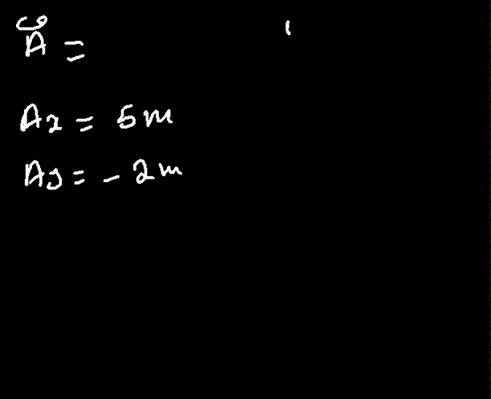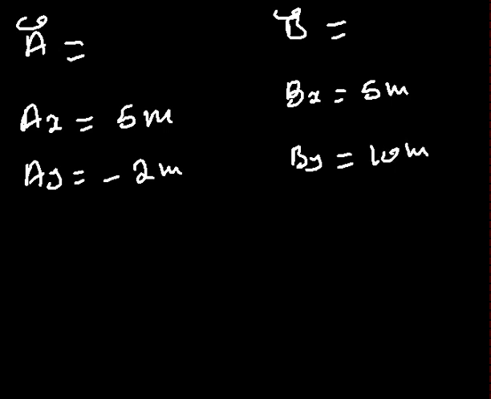And assuming that we have the vector B with components given as Bx, which is equal to 5 meters, and By, which is given as 10 meters.